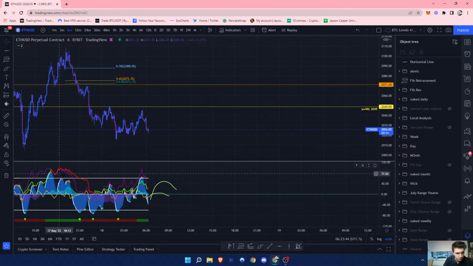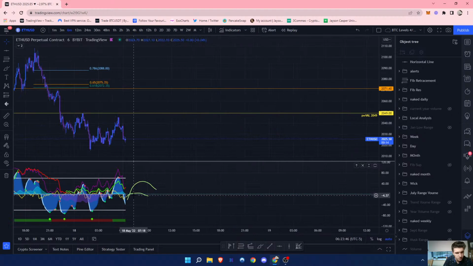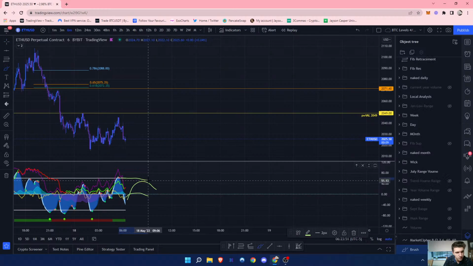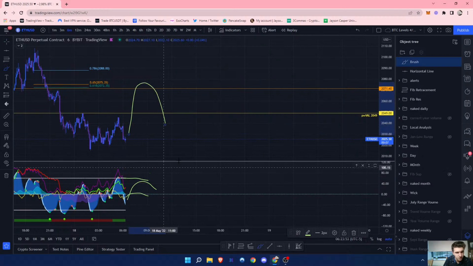Or another scenario you guys can look for too is, again, kind of the same thing here, but based off of this right here. And we'll have price coming up like that.